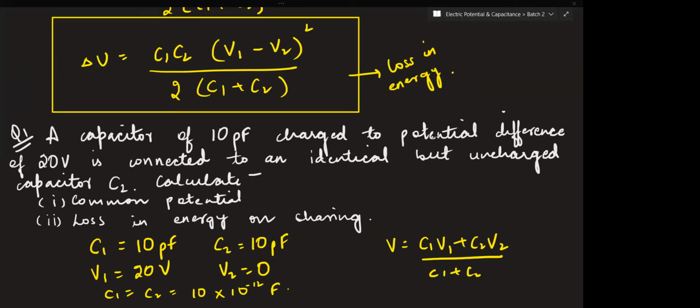So for the first part, the correct answer has been given by Akifa, Kulsum Khan and Atif Ahmed. Atif, the second part is not correct. Please check once again; your first part is right. Just put everything in the formula for loss of energy.